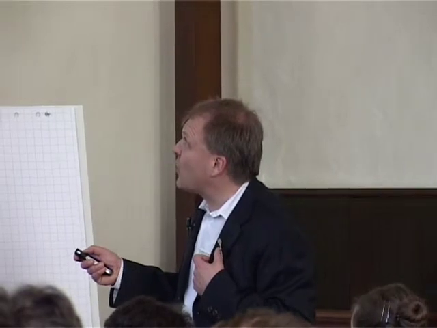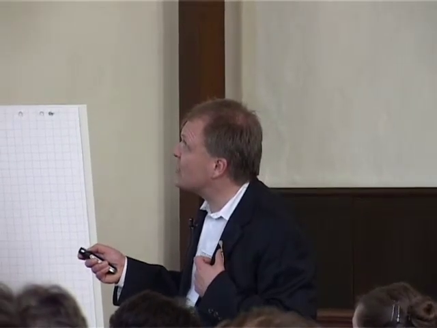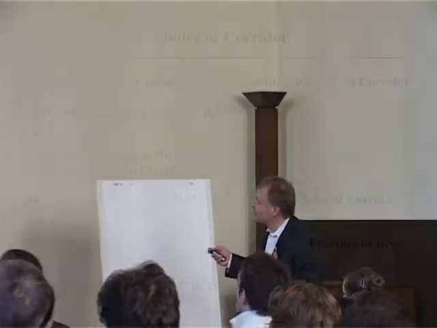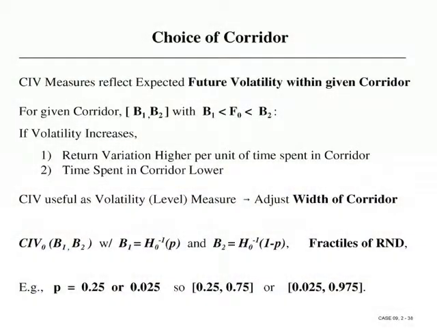Say we choose a given corridor B1, B2, and we only accumulate variance as long as the futures price going forward stays within those two ranges. Imagine two situations: one day we have this, and then the next day volatility is much higher. The return variation will be higher per unit of time you're within that corridor because the volatility is higher, so you're going to see more squared variation along the path.